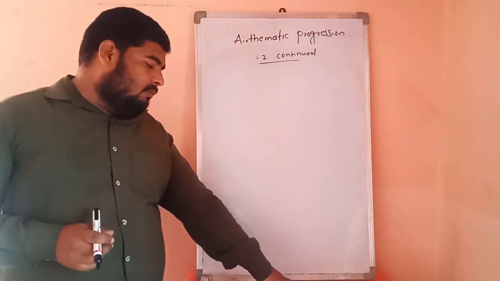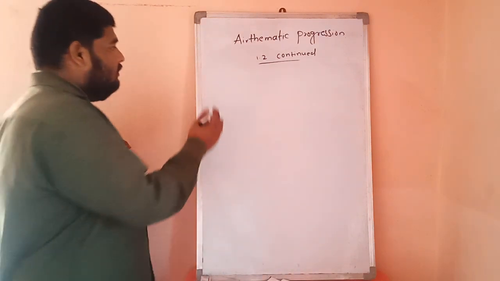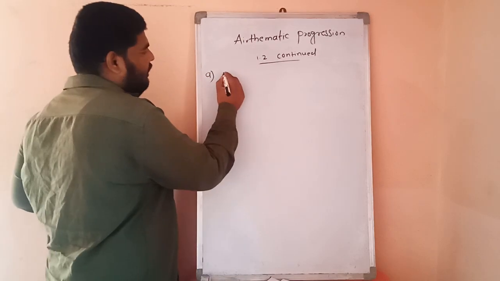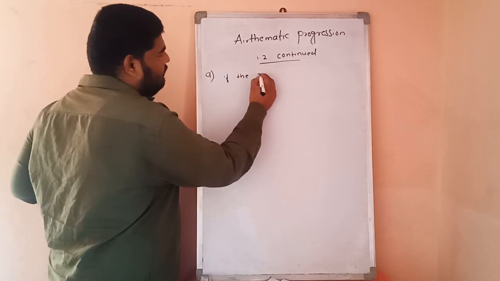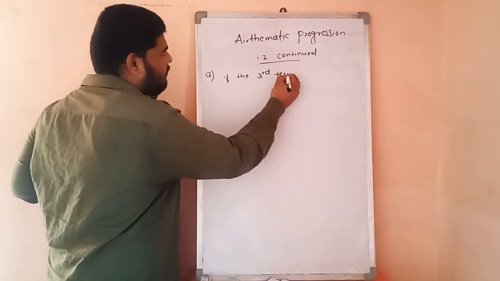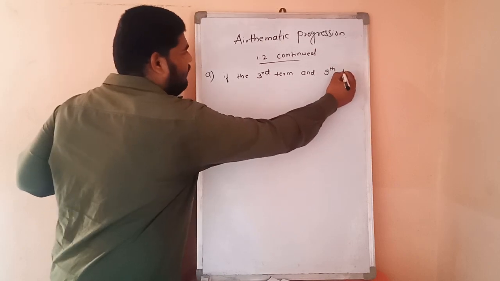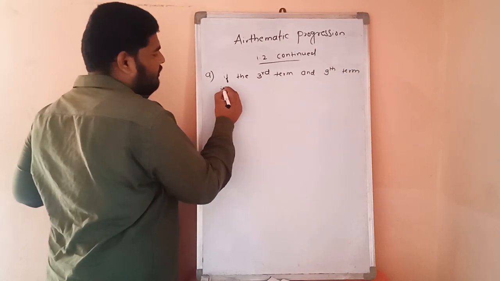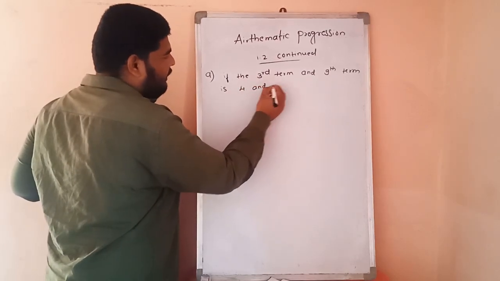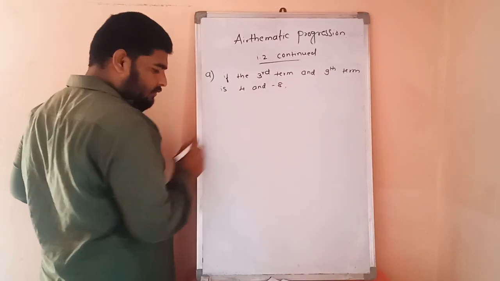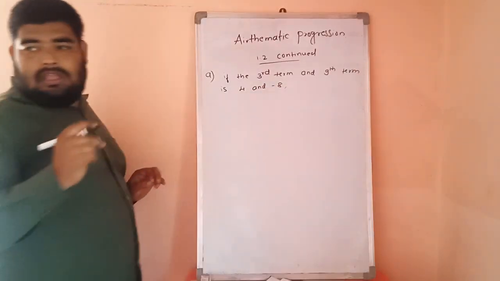If the third term and the ninth term of the arithmetic progression are 4 and minus 8. Okay, so what we have to find? Which term of the AP is 0?